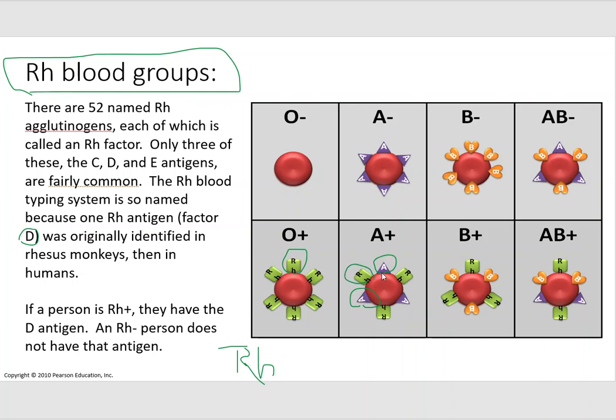So A positive is A antigens plus D antigens. A negative is A antigens and no D. Same thing with B and AB. It's really simple, guys. Spend time with this, because this is a known pothole. People confuse this in the lab and in the lecture, and you're going to be tested on it in both places.